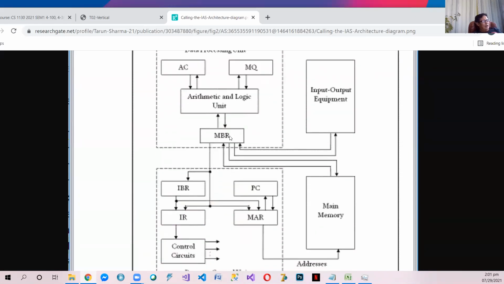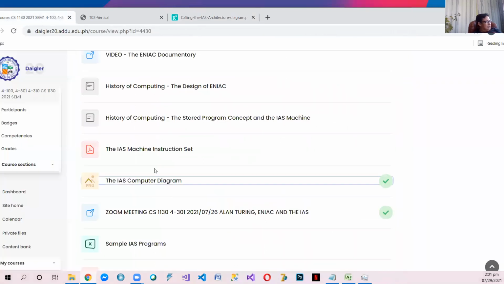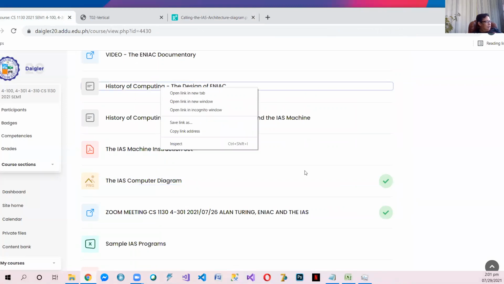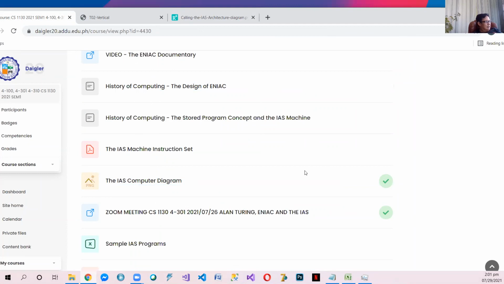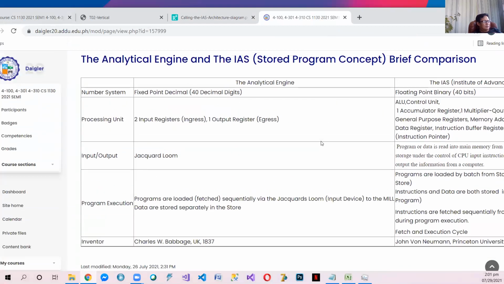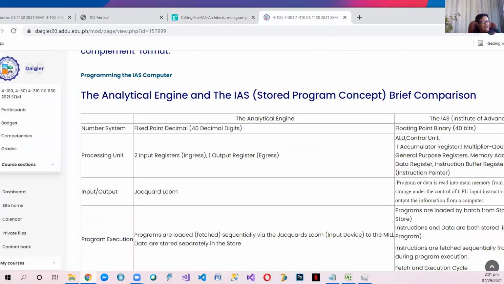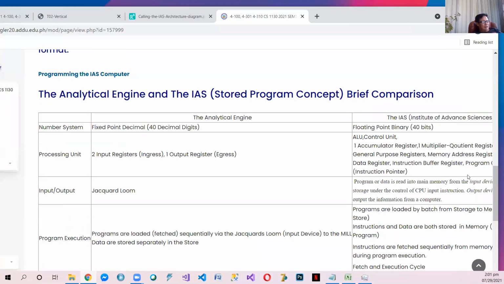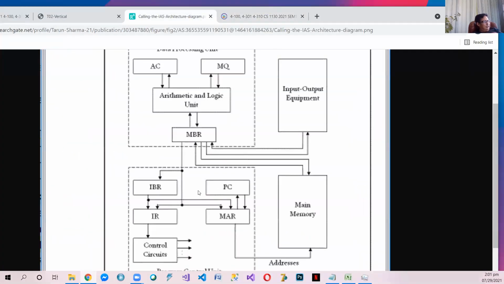We have a register called MBR. MBR is sometimes called the MDR, data register, because other sources call it that, but it's also called the buffer register.